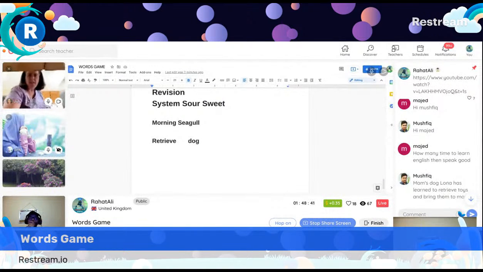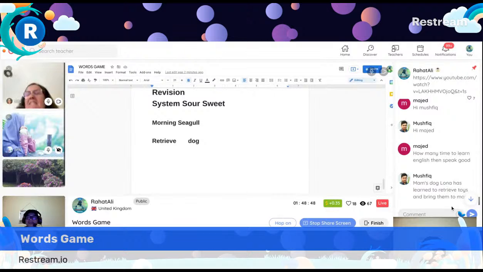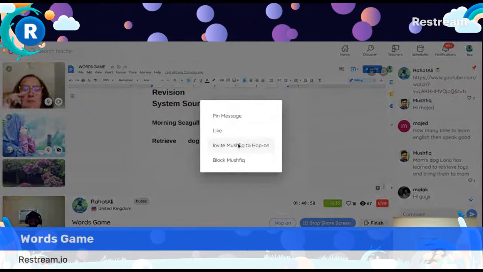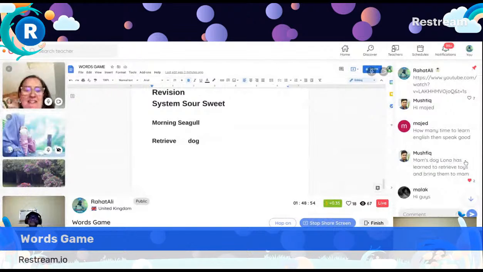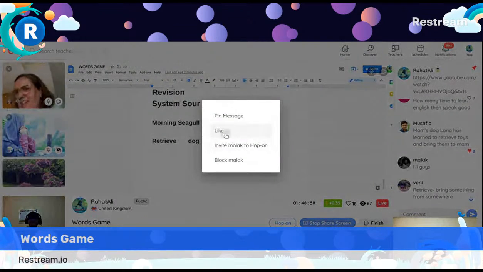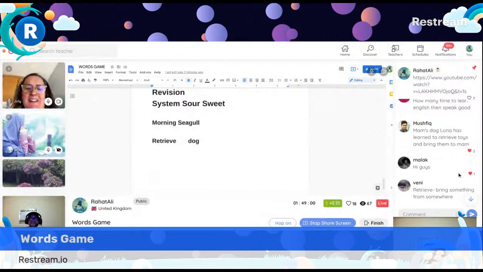Mushfiq has made a sentence. Ma'am's dog Luna has learned to retrieve toys and bring them to ma'am. Yes, you get a love from me, Mushfiq. Good sentence. Okay. I throw the ball to the dog, and the dog retrieve it. How to pronounce it, teacher? Retrieve it.